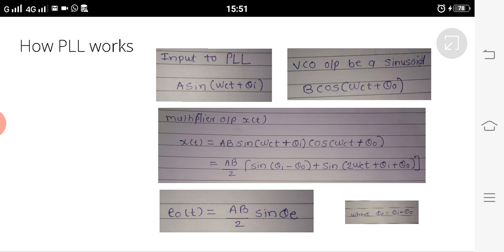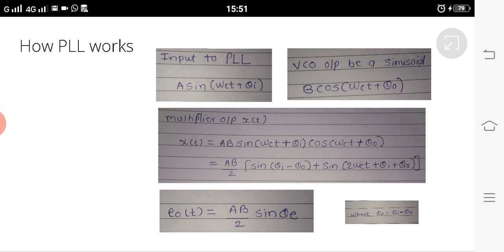Therefore, E naught of t, which is the input to the VCO, will be given by AB by 2 sine of theta E, where theta E is theta I minus theta naught, which is basically the phase error we are considering over here.